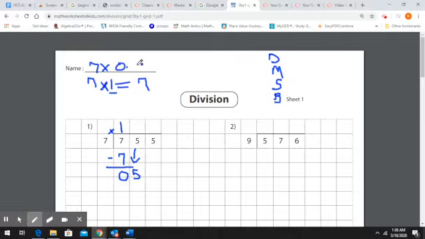So how many 7s can I get out of 5? 0. Can't get any out of that. So then I multiply. 7 times 0 is 0. That's my multiplication. Subtract. And then I bring down.